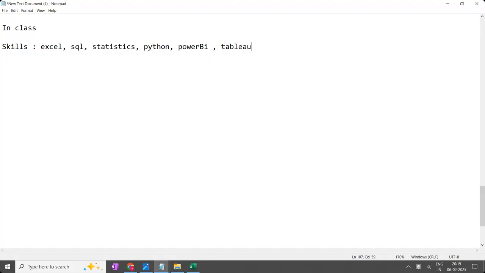These are the things which we are going to learn. For each of them, one project I have to cover, except statistics. Other than statistics, in everything, one project will be covered.